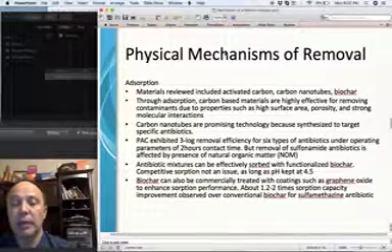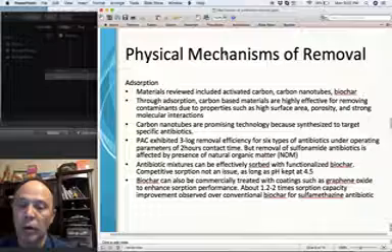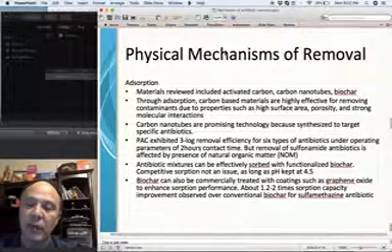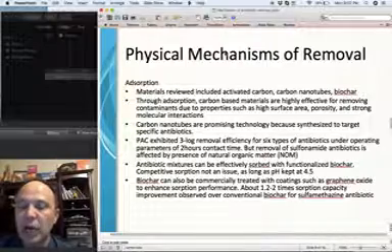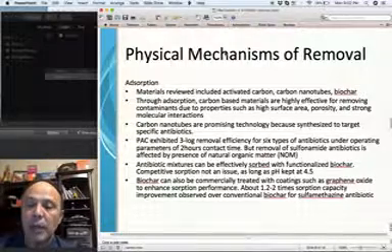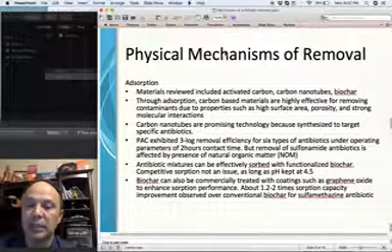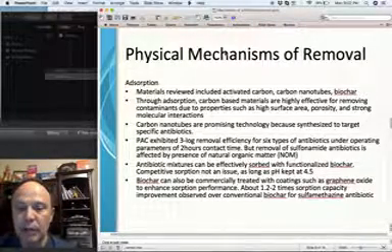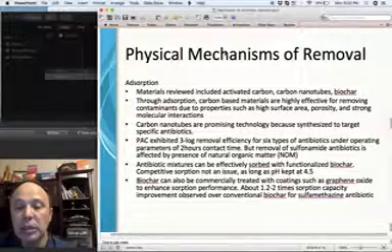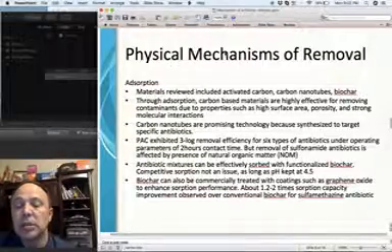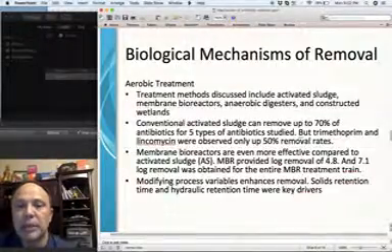And antibiotic mixtures can be effectively sorbed with functionalized biochar as long as pH is kept at 4.5. So I just mentioned how organic matter interfered with sorption with PAC, but not the same case with functionalized biochar. And then biochar can be commercially treated with coatings such as graphene oxide to enhance sorption performance, such that you get almost 2 times more sorption capacity.